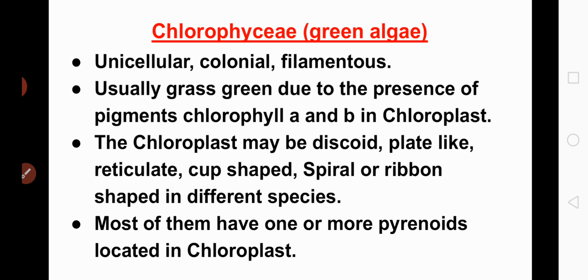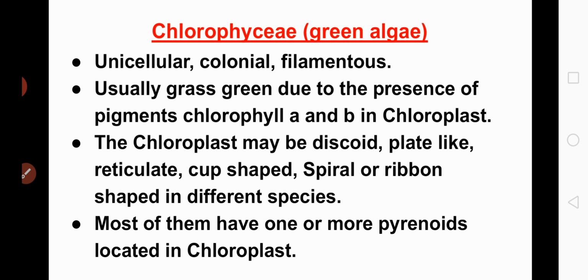The second character is that usually they are grass green in color due to the presence of the pigments chlorophyll A and B in their chloroplast. The chloroplast may be discoid, plate-like, reticulate, cup-shaped, spiral or ribbon-shaped in different species.